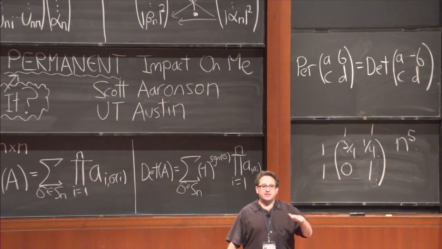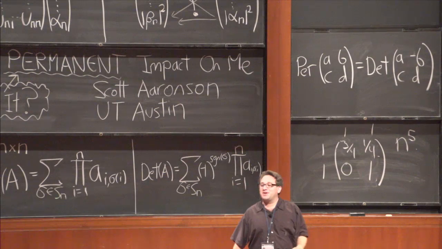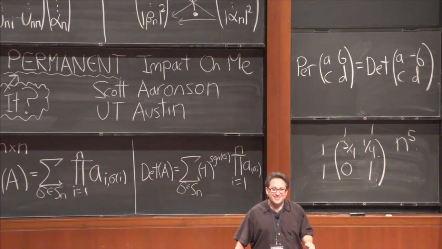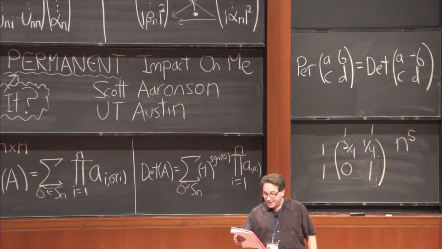The permanent may stay the same, or it may just keep going up and up and up, but it's never going to decrease. This rebalancing likes to increase the permanent.